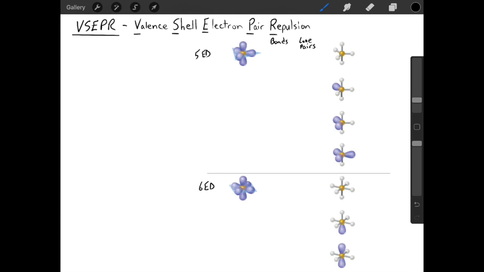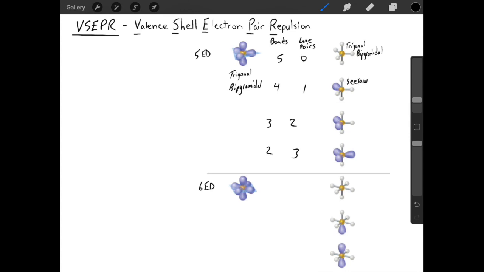And now we can do something similar. With our 5 electron domains, we have an electron domain geometry of trigonal bipyramidal. And this has a number of different molecular geometries. When you replace one of the bonds with a lone pair, you end up with something known as a seesaw shape.